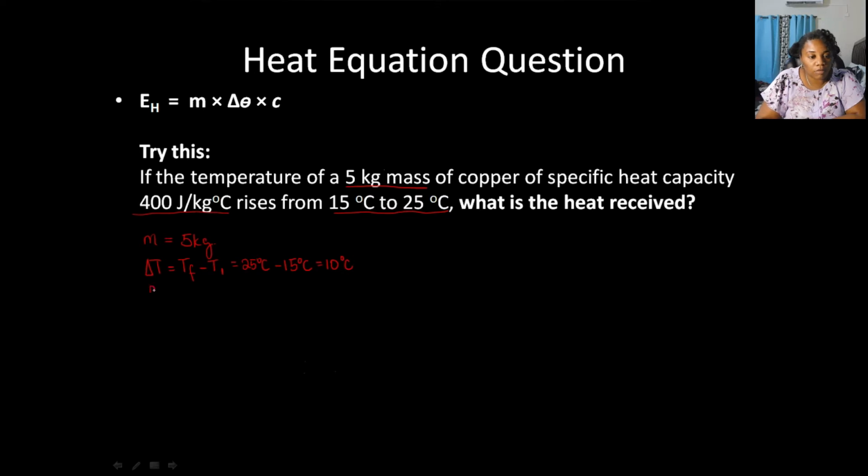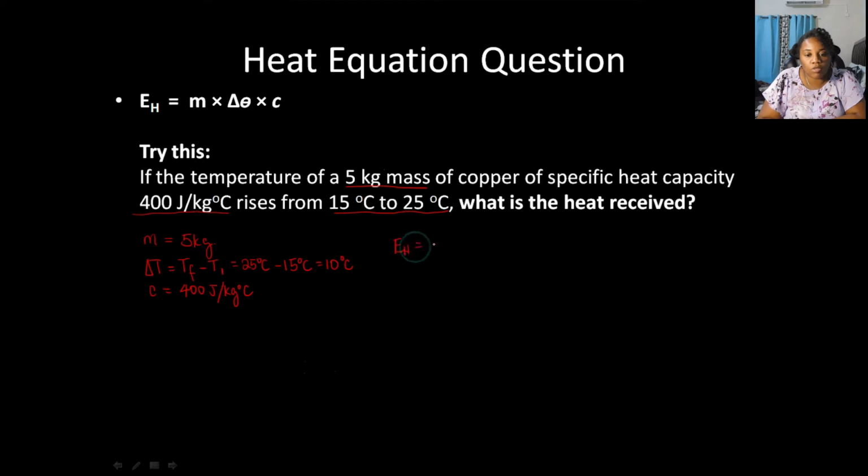And then we have the specific heat capacity of the copper, which is 400 joules per kilogram degrees Celsius. They said heat received. We know it's heat received because the value for temperature change is positive, so that's how we know it's heat received.